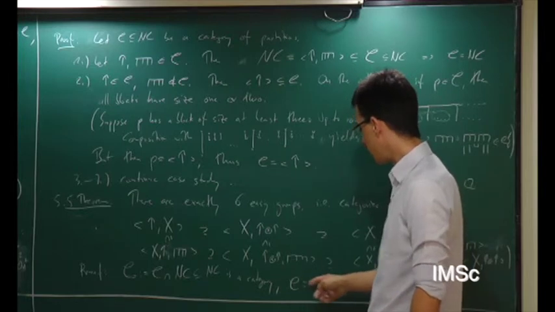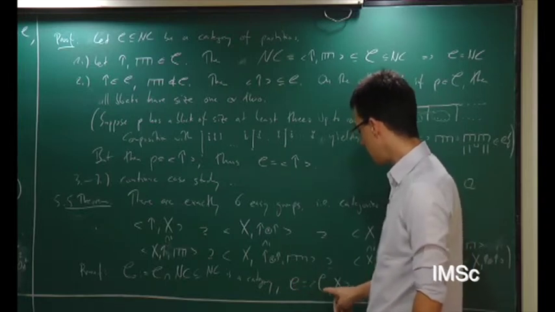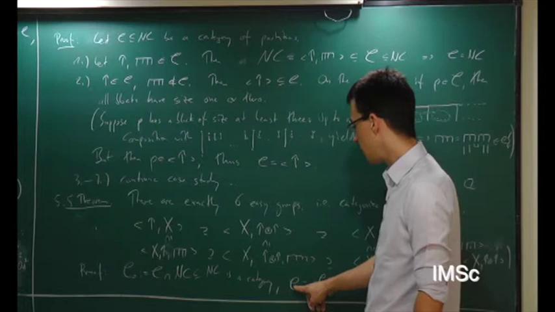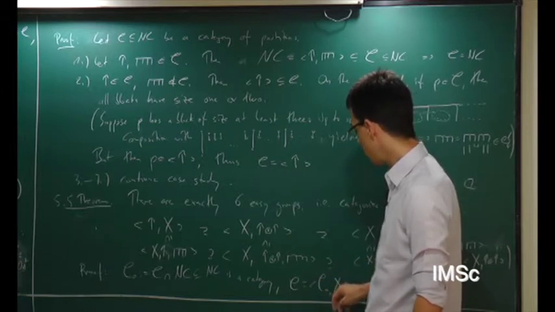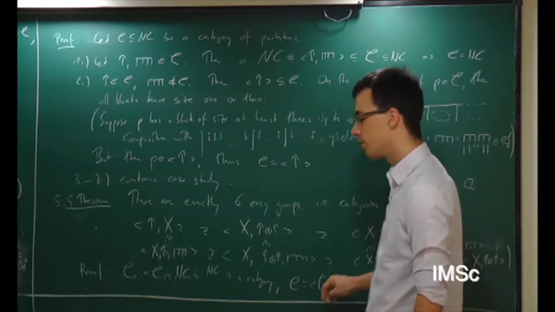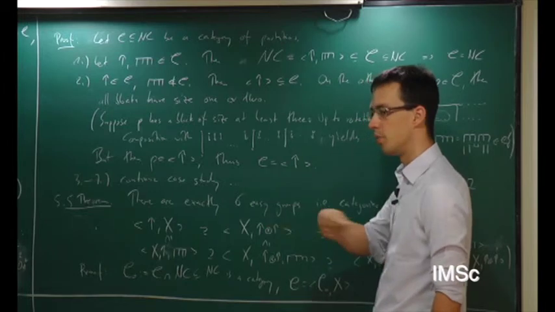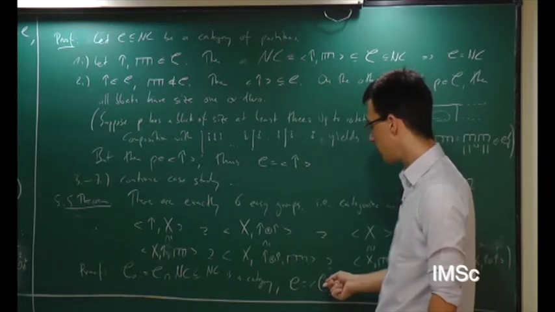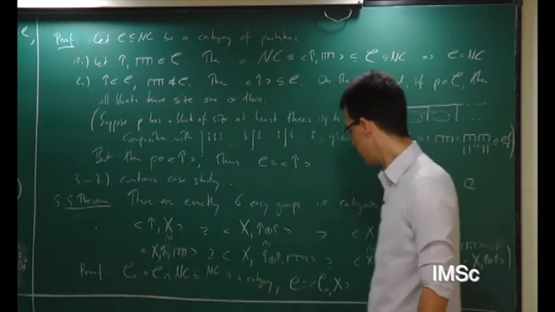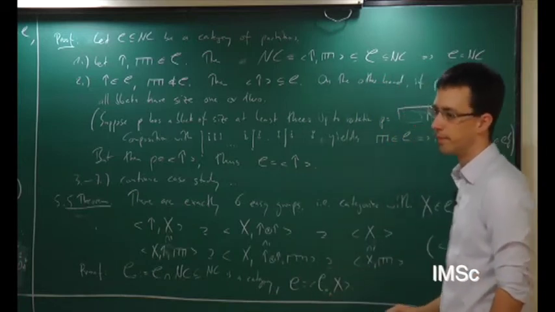But in the other direction, if I take a partition in C which has some crossings, I can always use this crossing partition in order to permute all the points. Then I get a non-crossing partition, which is in my category. So I have equality here.